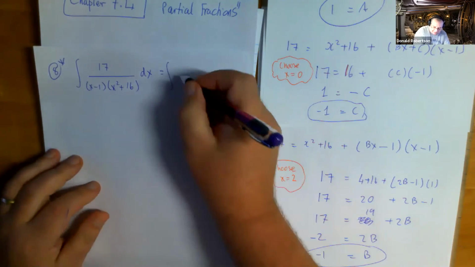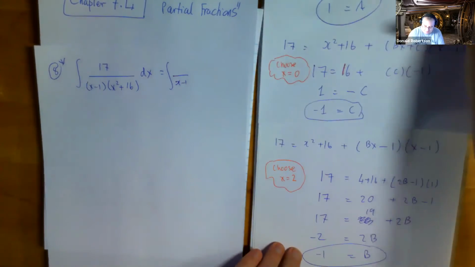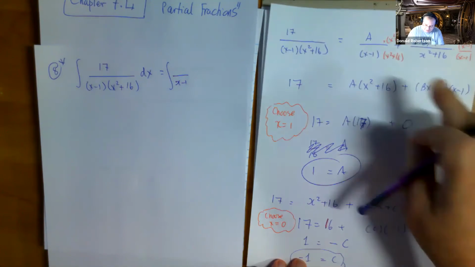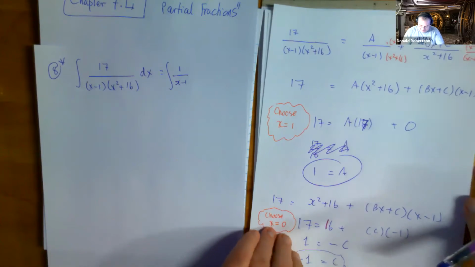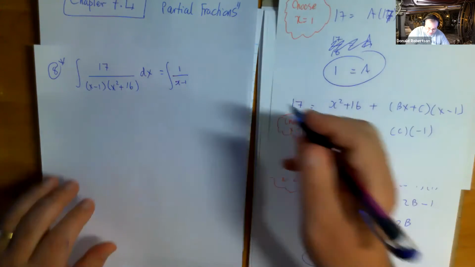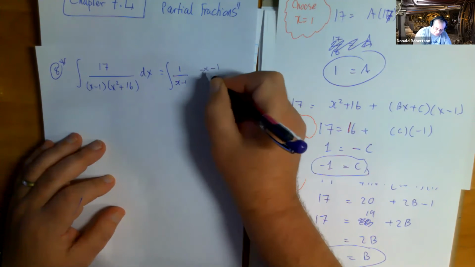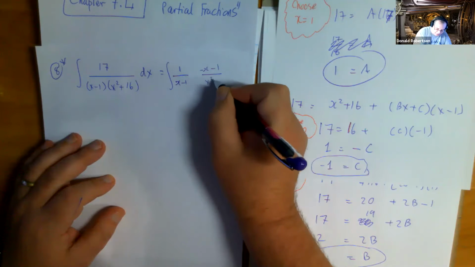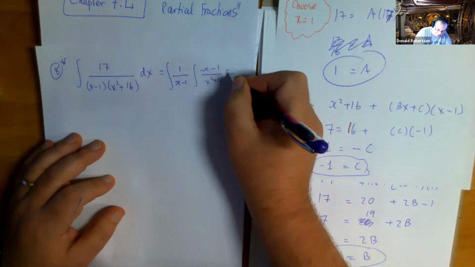So we can now go back here, and instead of a over x minus 1, we'll have a 1. And then we have a bx plus c, which ends up being a negative x, negative 1 over x squared plus 16. A little bit messy, but we can do them separate, right?